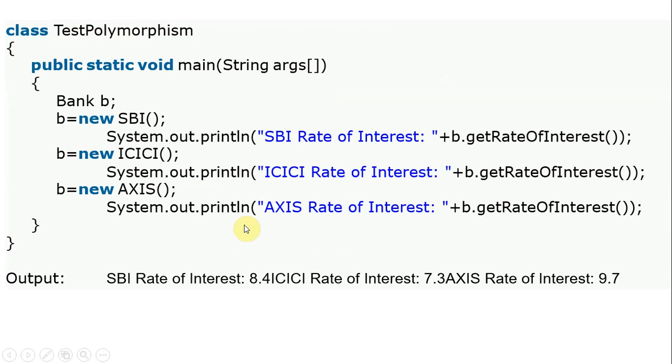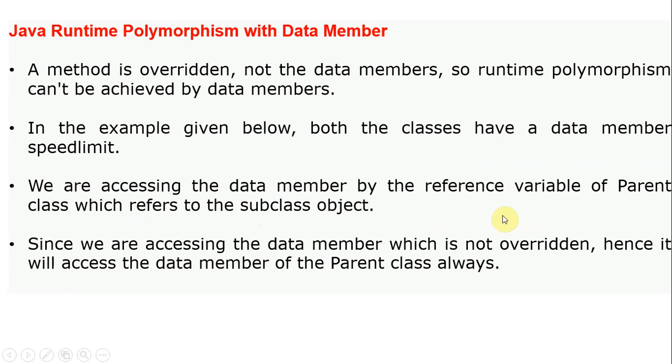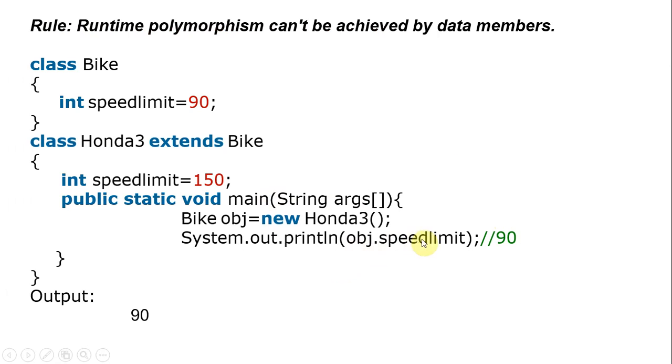Previously, when we used the superclass reference variable to call a method, the method called was based on which object you assigned. But here, you might think it will give the subclass speed limit value, that is 150, but actually we won't get that output, we get only the value 90.